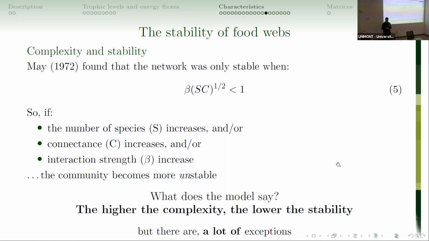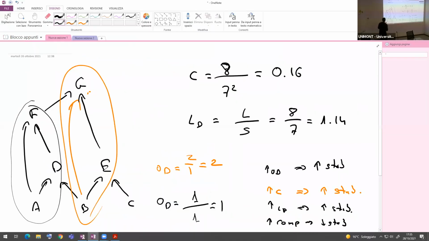If this is a high interaction strength, that means that the effect of G over E is high. If this increases, the consequences for E are very bad because the effect is high, right? If this is low, then that means that the effect of G over E is low.